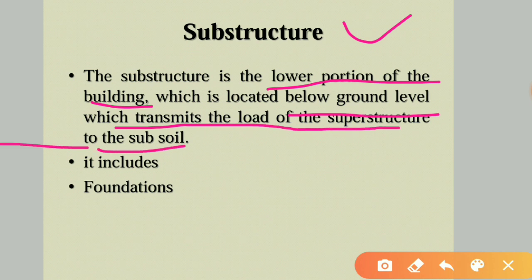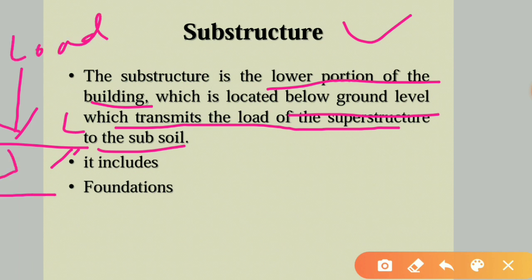The load coming from the superstructure that you construct above the ground level is transferred through the foundation. The foundation is going to transmit the load. The load is distributed from the superstructure to the substructure, and from the substructure to the ground surface or the soil.